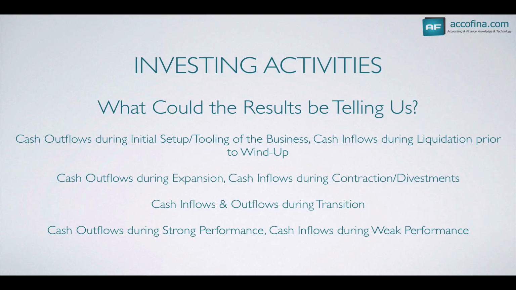So if a business decides to change strategy, sell different types of products, or even just relocate, there could be a bit of a mix and match between cash inflows and outflows in the investing activities section, as the business restructures, selling off the old long-term assets with the old strategy, and then the outflows as it purchases the new assets for the new strategy.